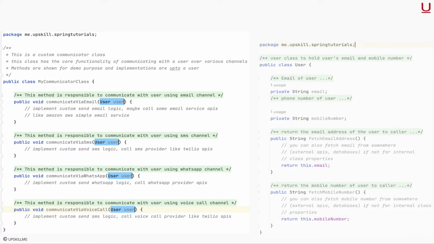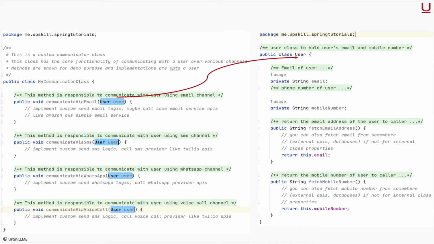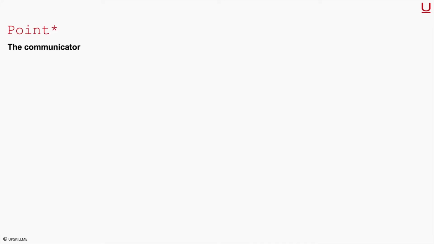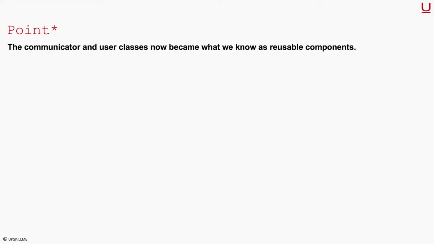The user class is also highlighted to mark a very important point. The point is, the communicator and user classes now become what we know as reusable components. A driver program can make use of these components anywhere in the application to, number 1, represent a user, number 2, effectively communicate with that user over various channels.